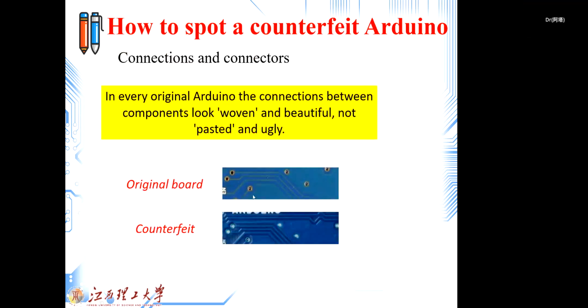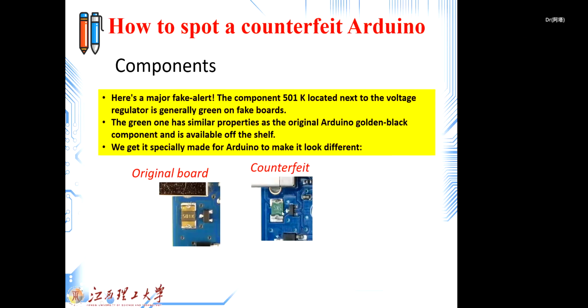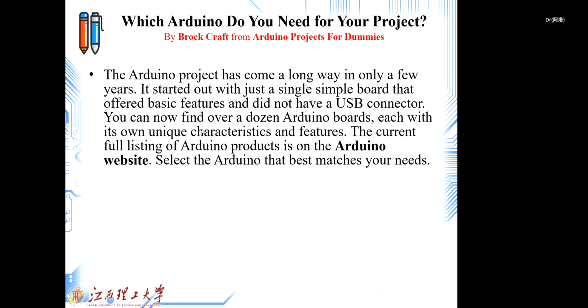And the pin quality in the original and counterfeit one you can see here. The components, the regulator or resistor they use, should be golden in the original, but in the counterfeit one it can be any other color.